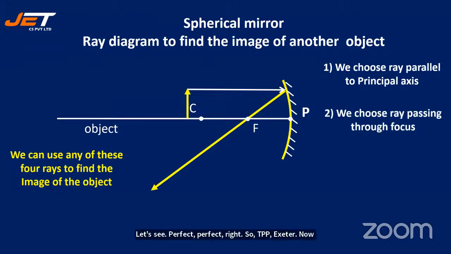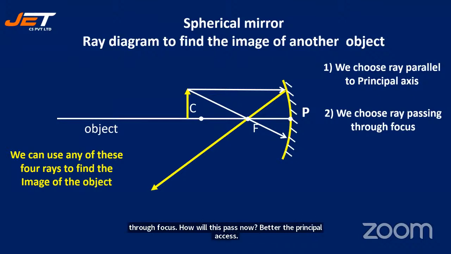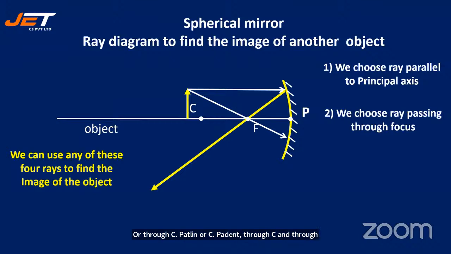I'll choose another ray. We choose a ray passing through focus. How will this pass now? Parallel to the principal axis or through C? Type parallel or through C. Jyoti says parallel.